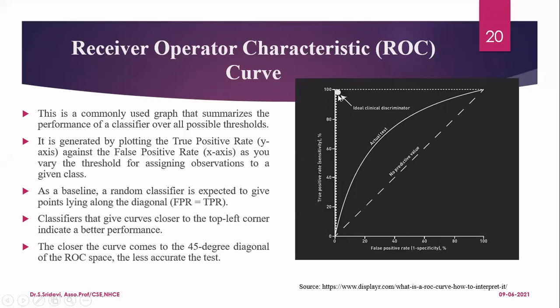So if this curve is closer to the top left corner, your performance is better. And if the curve is coming closer to this line, the 45-degree diagonal line, we can say it is not performing better, it is a less accurate curve. So by seeing whether the curve is close to the top left part or the diagonal line, you can say how your model is performing.